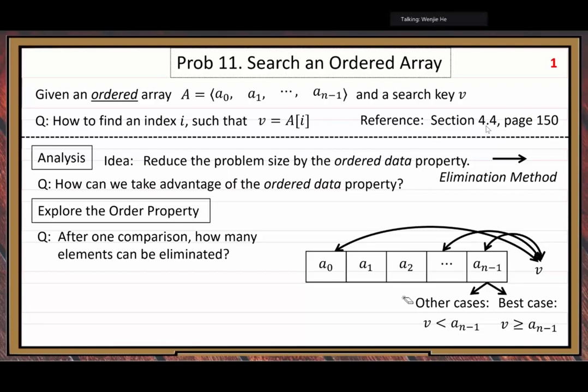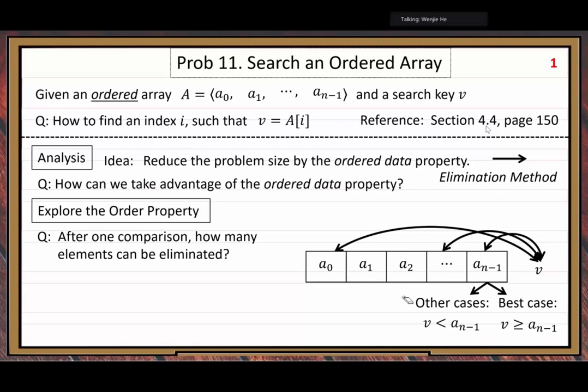So the next question is, between these two cases, the best case and all the other cases together, which of the two cases should we target in our current problem solving?